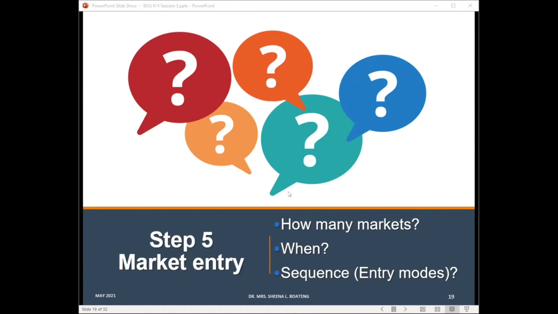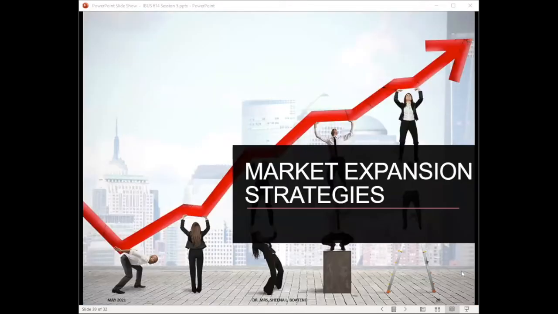All right. So like I was saying, in terms of step 5 involving market entry, in today's session we'll be looking at the first 2 bullet points, which have to do with how many markets to enter and when to enter these markets. The focus will generally be on what we refer to as market expansion.